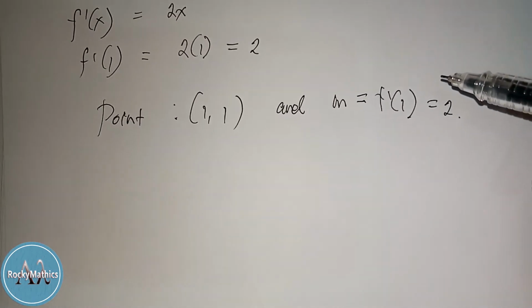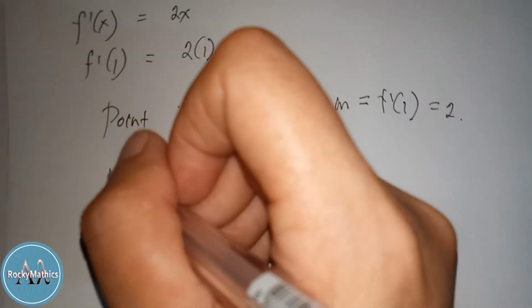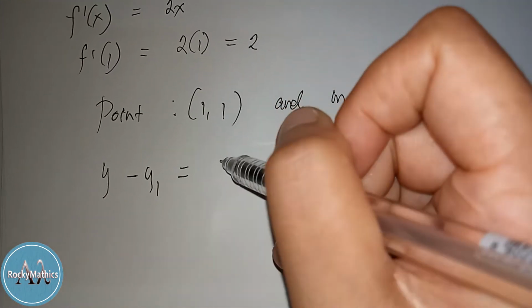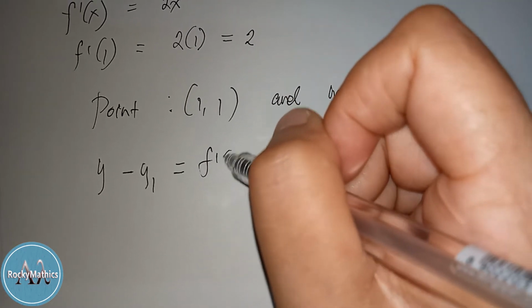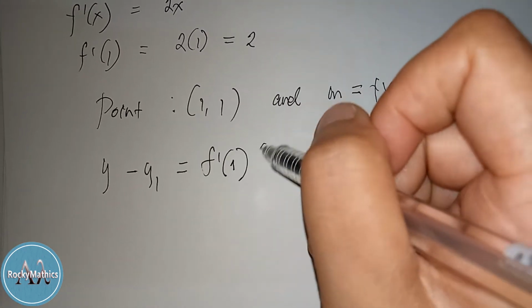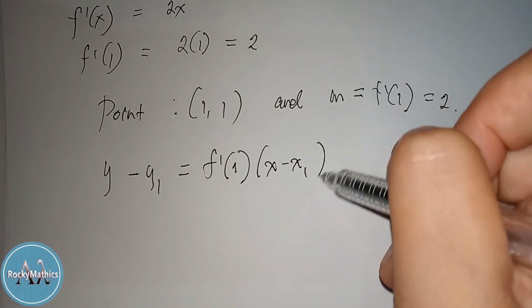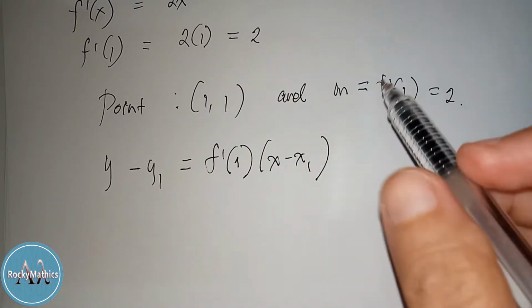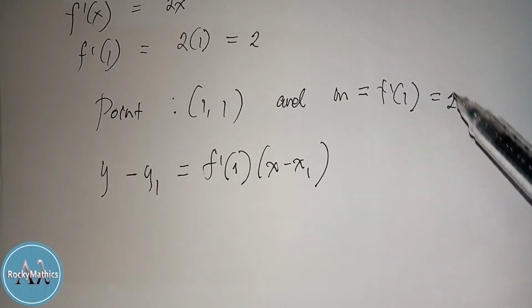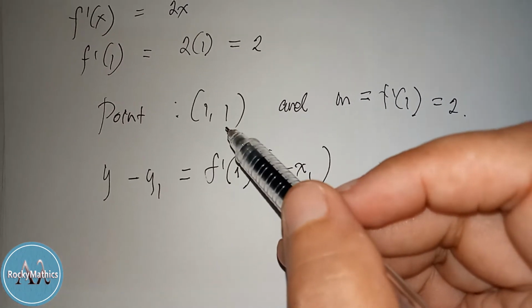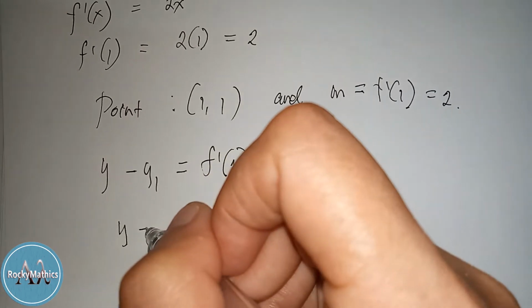So, go back to the formula. y minus y1 is equal to f prime of 1 times x minus x sub 1. So we need to use this point as well as this slope. What is y sub 1? This is y sub 1, so y minus 1.